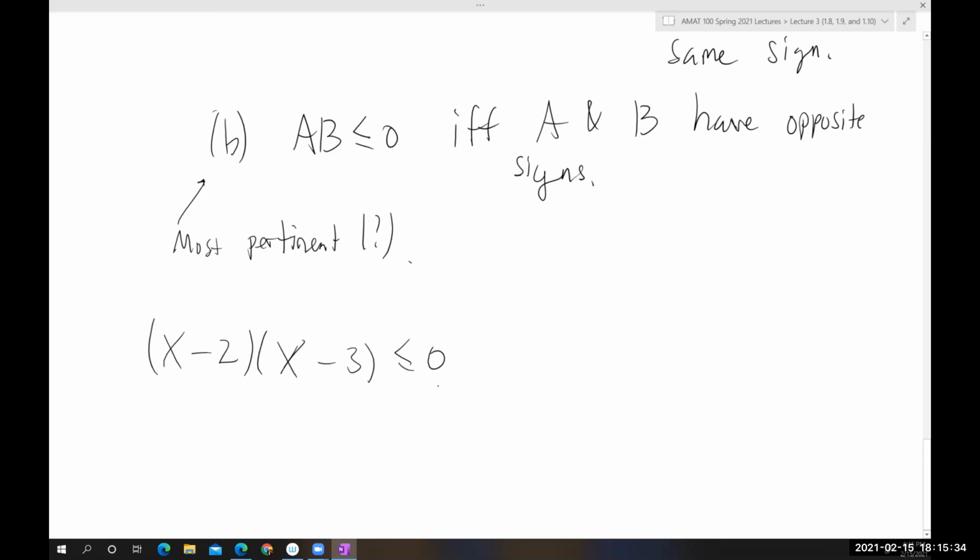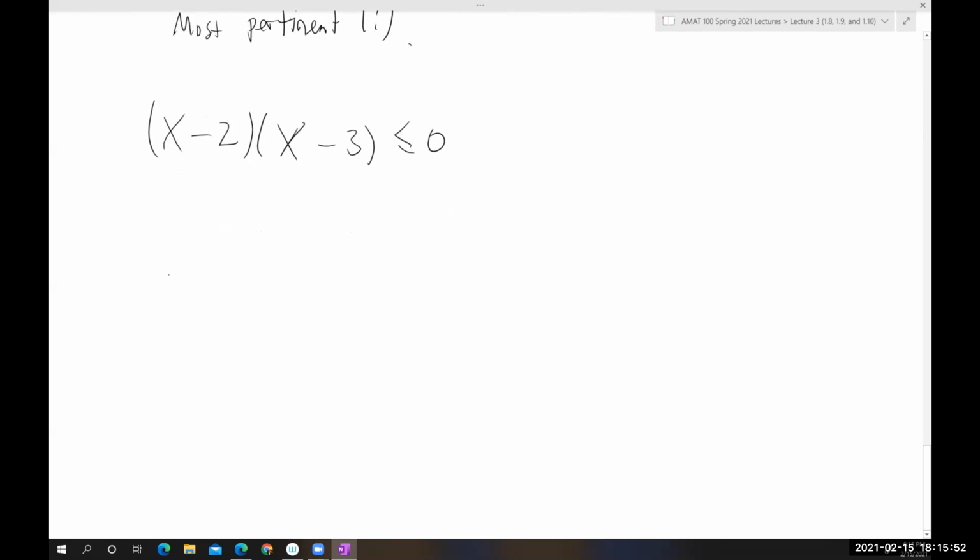The best way to do this is to make a table. Let me write out the table and I'll explain what all this means.